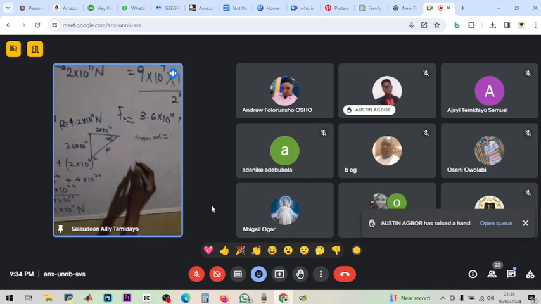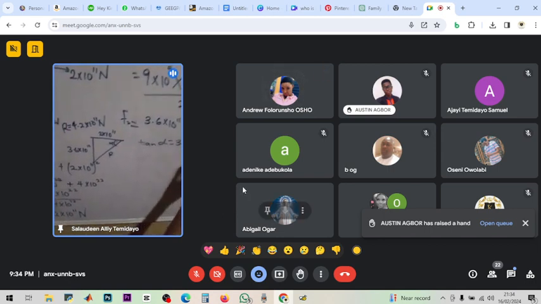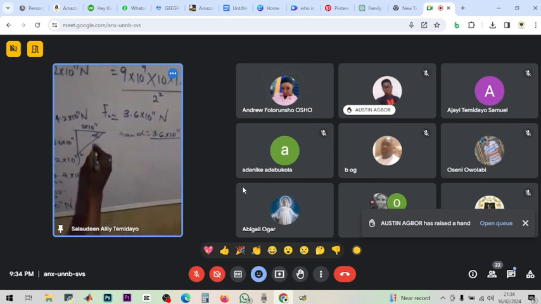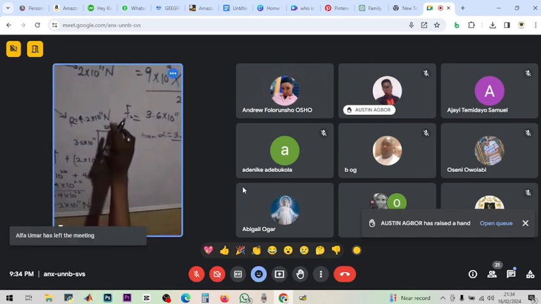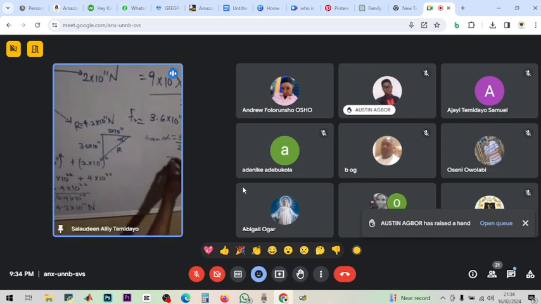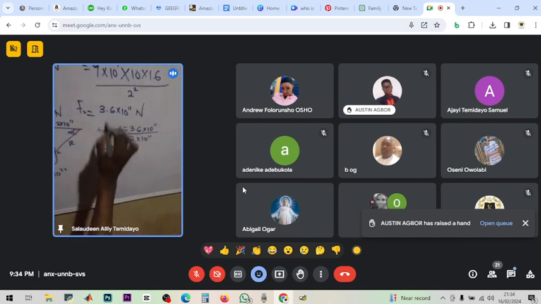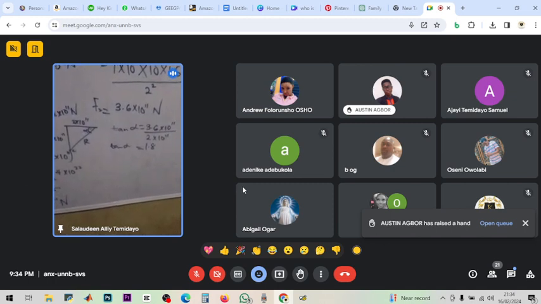So 3.6 times 10 raised to the power of 11 over adjacent, which is the base side, not the longest side. That is 2 times 10 raised to the power of 11. So with this one now, I'm going to have 1.8. So tan alpha equals 1.8.